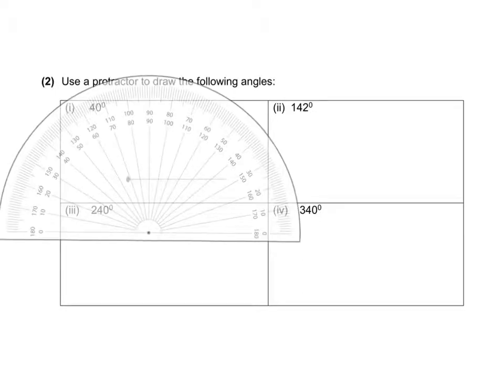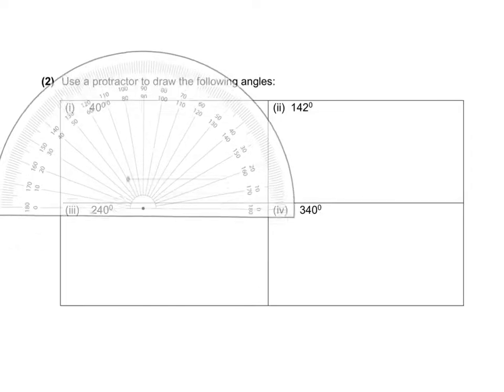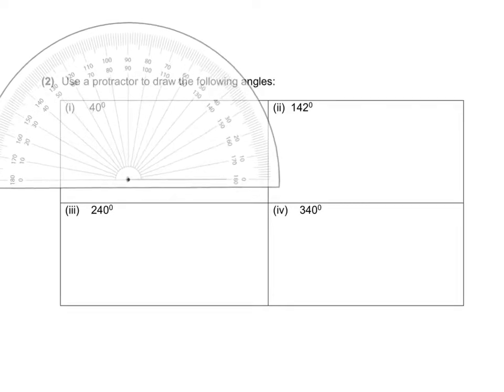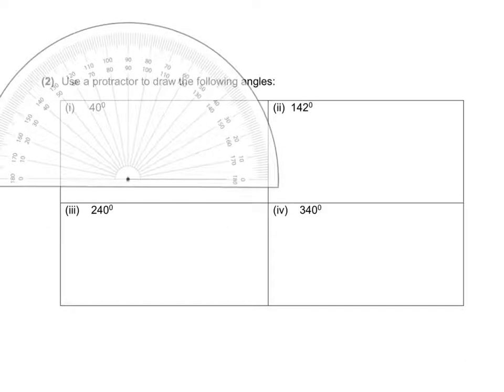Then I use a protractor and adjust it such that it falls on the straight line where this corner is 0. From 0, I read all the way until 40, which is down here, and make a marking, 40 degrees. So 40 degrees is somewhere over here.